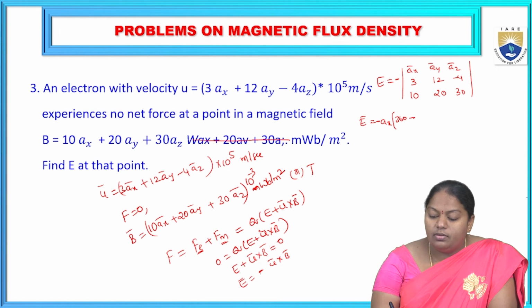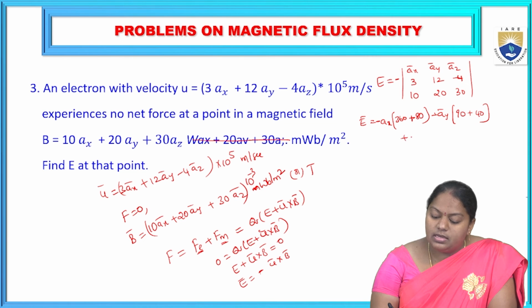Already negative is there, then minus of minus becomes plus 80, 360 plus 80. Then minus AY into 90, then plus 40. Why? Because 3 into 30 is 90, and already in the formula itself negative is there, then minus of this minus becomes plus, then 90 plus 40.